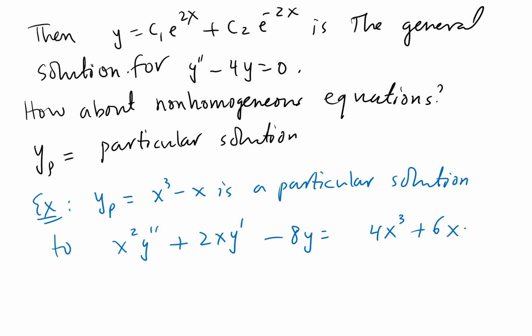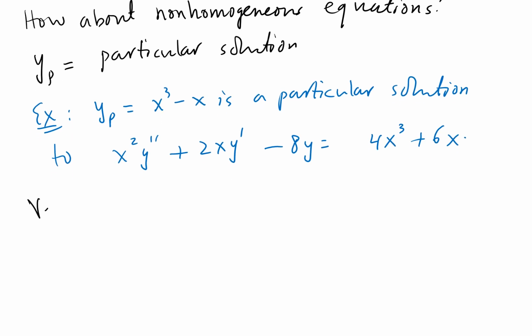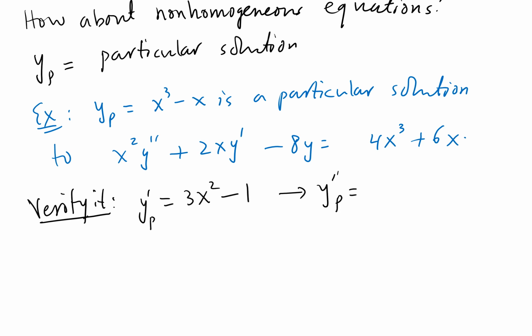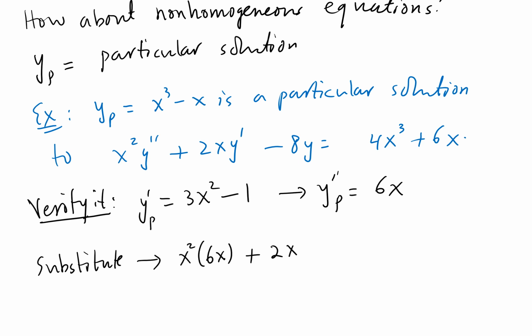And how do we verify that? To verify this, we find y prime for the y sub p, which is 3x squared minus 1, and y double prime, 6x. Substitute. What do we get? x squared times 6x plus 2x times 3x squared minus 1 minus 8y. I substitute only in the left hand side.